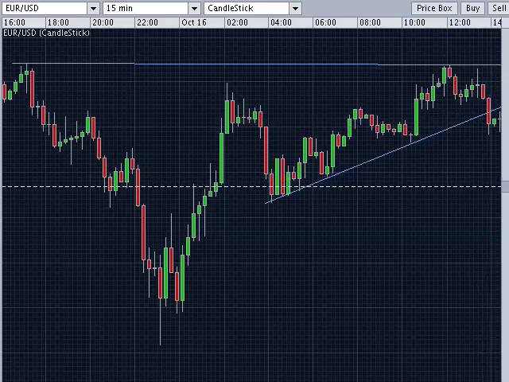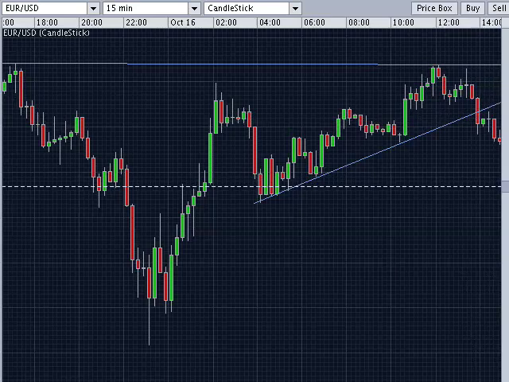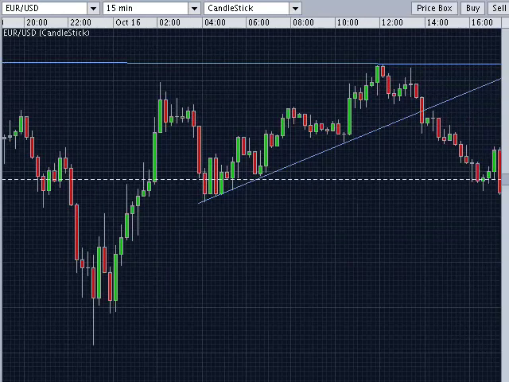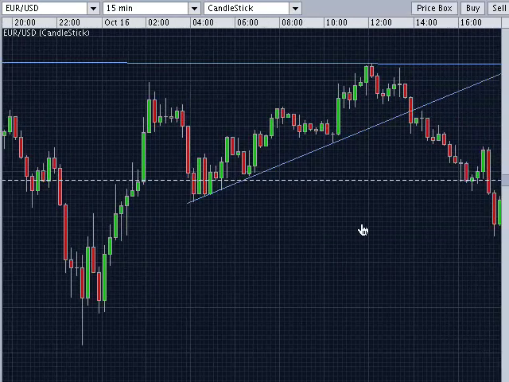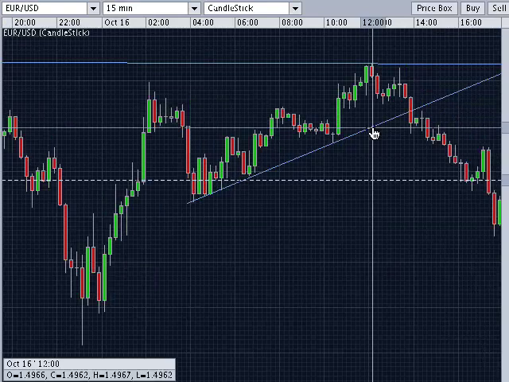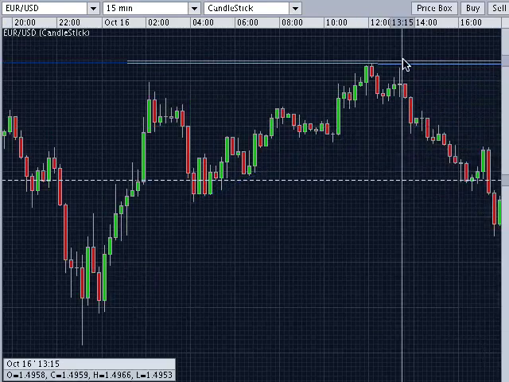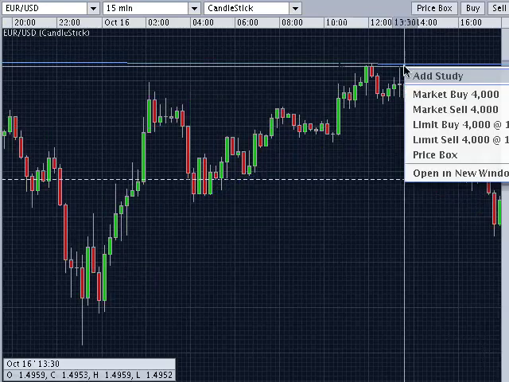Now continuing on, we'll move the chart to the right a little bit. The idea is to keep moving your trend lines as you get new fractals. Okay, so we've got a couple of new fractals here. Let's remove these trend lines.